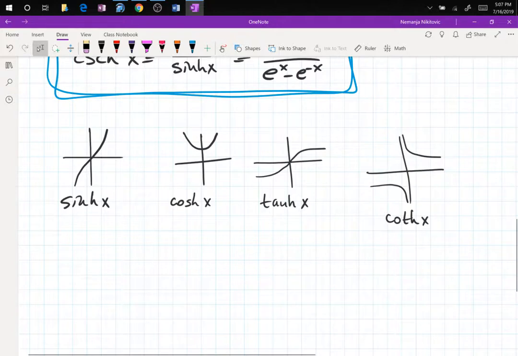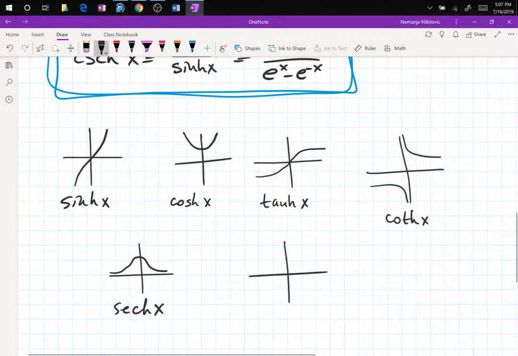And finally, secant hyperbolic x looks something like a bell-shaped curve. And at the end, cosecant hyperbolic x looks almost like 1 over x.